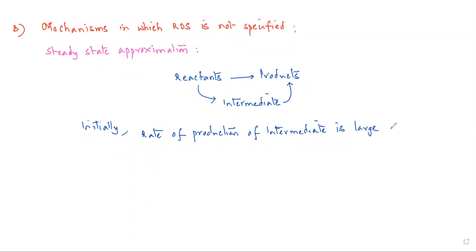Rate of production of the intermediate is large in comparison to the rate of its consumption.